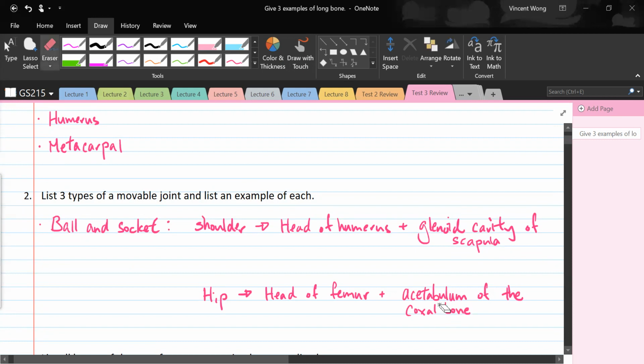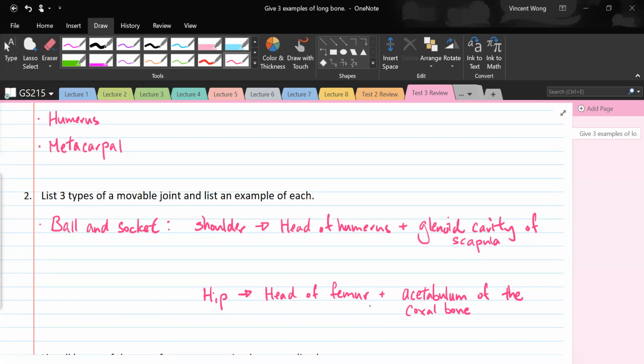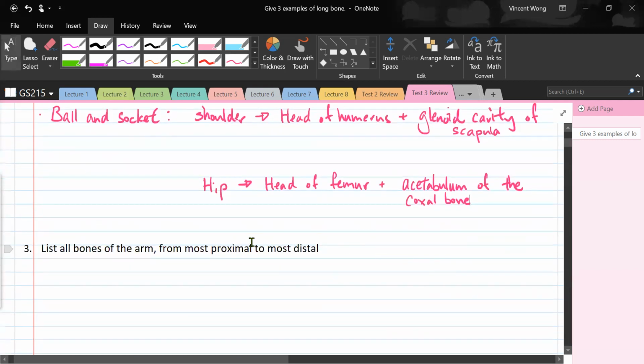We'll review the coxal bone later, but you probably remember it has 3 bones to it: the ilium, the ischium, and the pubic bone.